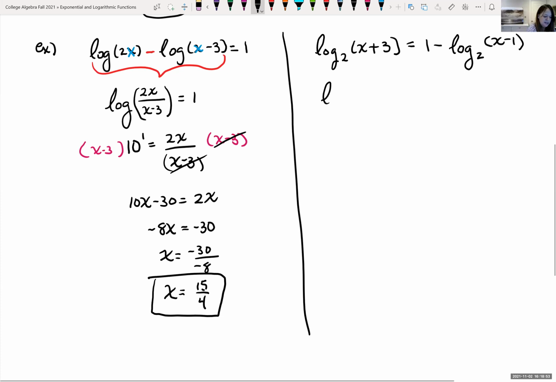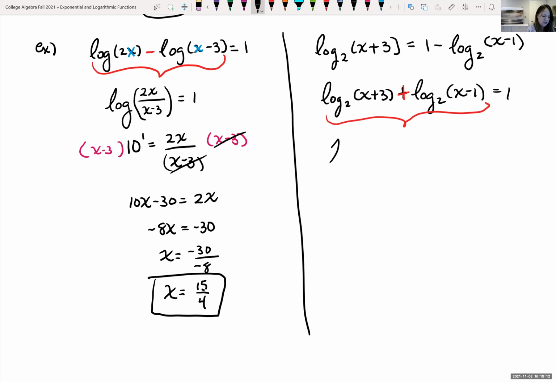So we get log base 2 of x plus 3 plus log base 2 of x minus 1 is equal to 1. We can now rewrite this as a single logarithm. Addition in between our logs tells us multiplication. So this is log base 2 of x plus 3 all times x minus 1. This is equal to 1.